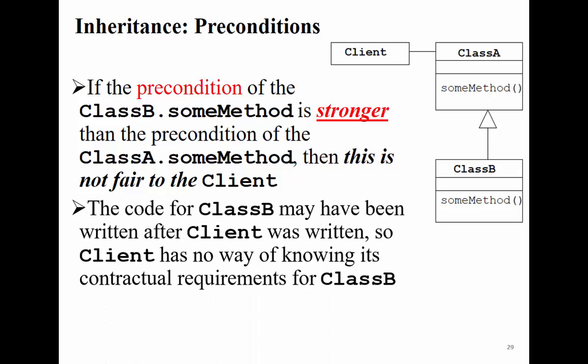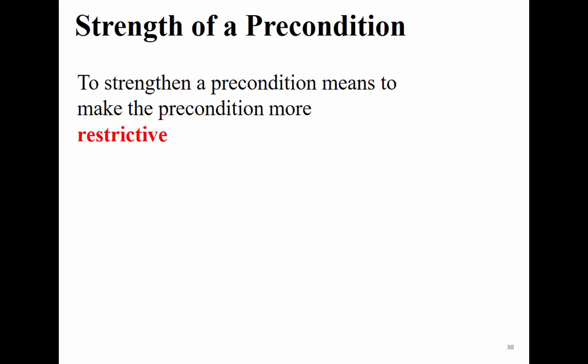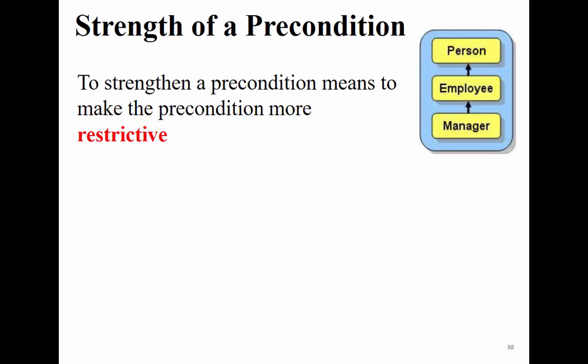Maybe the client was aware of class A at that time, so he created the code based on the method inside class A. Now we are using class B. So whenever we try to use class B in a place where class A is defined, we will have a problem because the precondition is stronger. This sentence maybe is not clear, but we will see some examples later on. So the problem here is making stronger preconditions, trying to restrict the precondition.